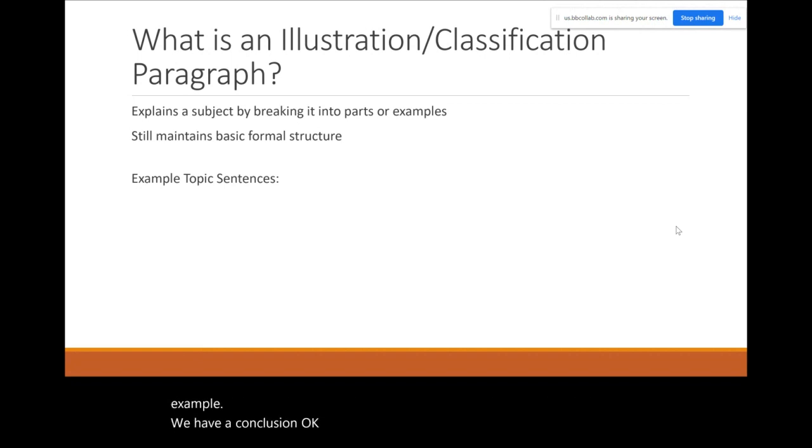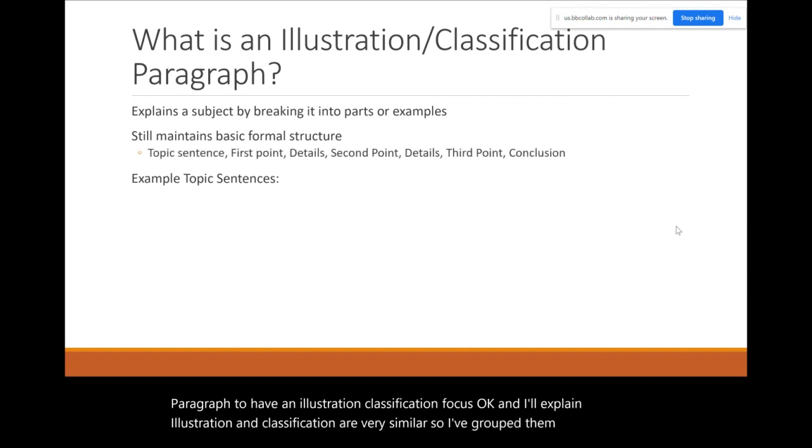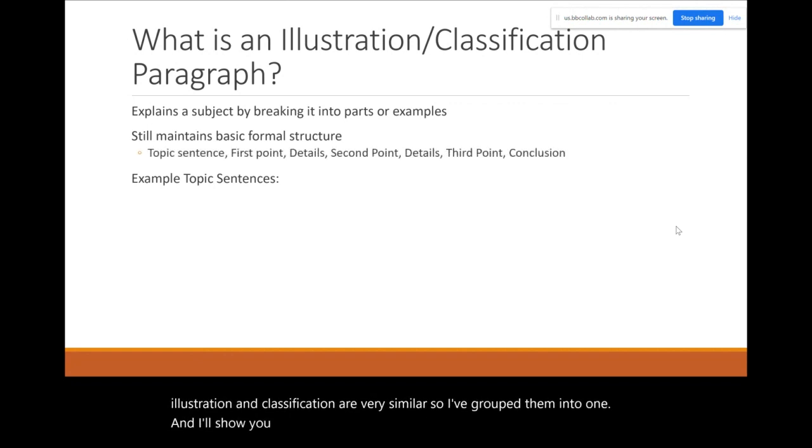We're still going to follow that same pattern. Illustration and classification are very similar, so I've grouped them into one, and I'll show you the topics for this in just a moment.